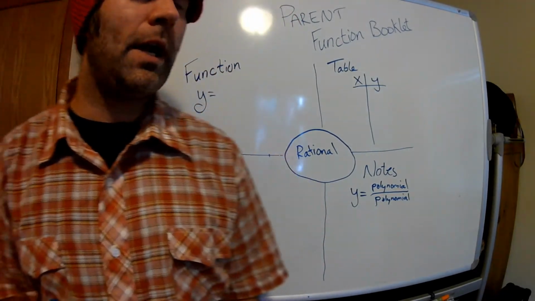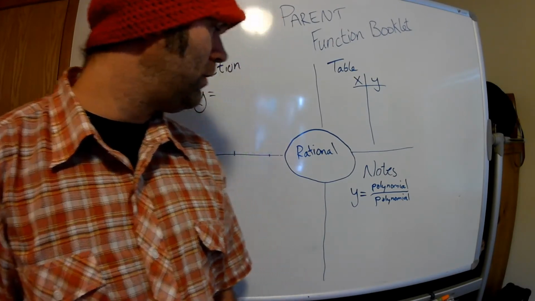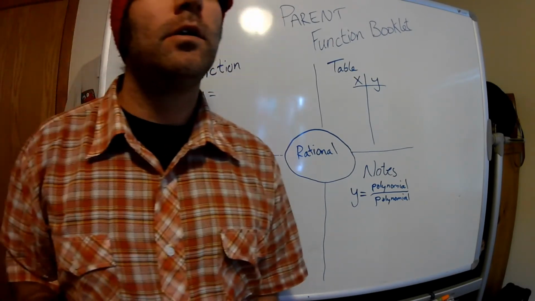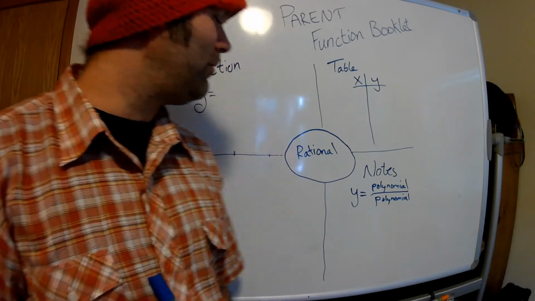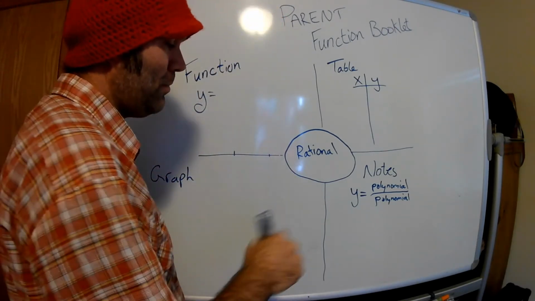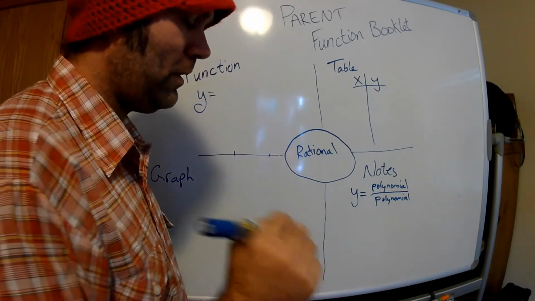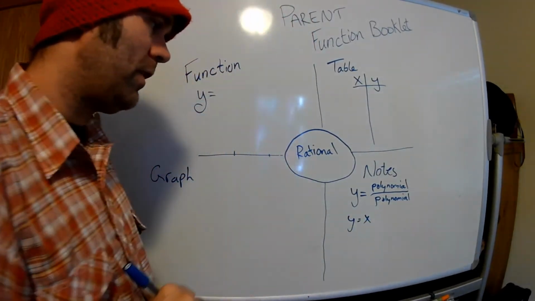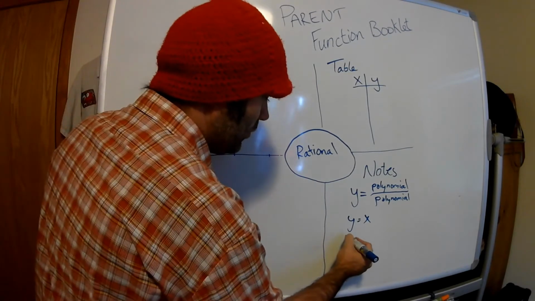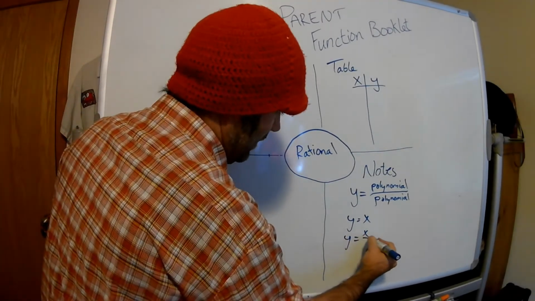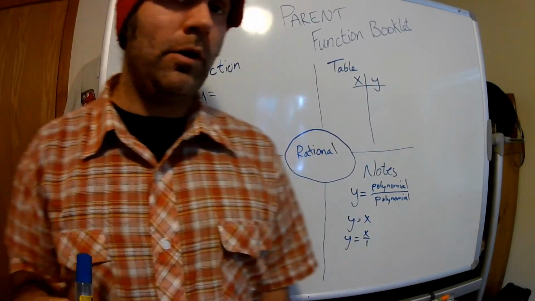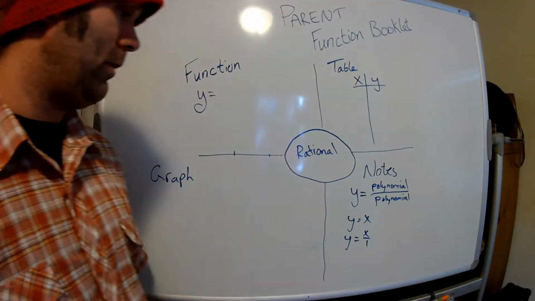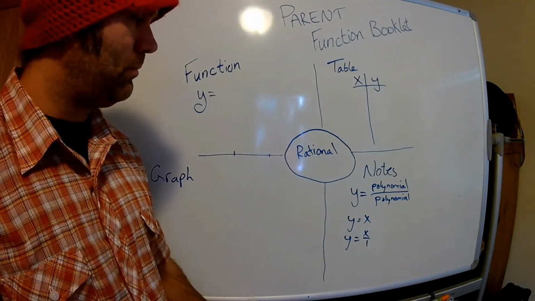And in fact, the polynomial functions are rational functions. If you think about the parent function of a line, y equals x, that is a rational function, because it is really y equals x divided by 1. X is a polynomial, and so is 1. 1 is a polynomial. So we've been doing rational functions.